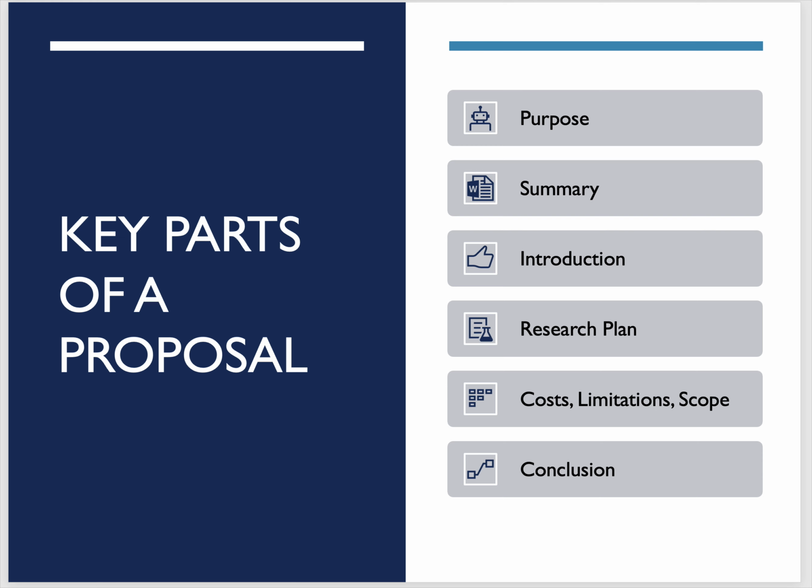The parts of the proposal. So this is where you can stop. After I explain this slide, stop and look at the example, and you'll see all of this information. So your proposal will include the purpose, the summary, an introduction, the research plan, the costs, limitations, and scope, and a conclusion.